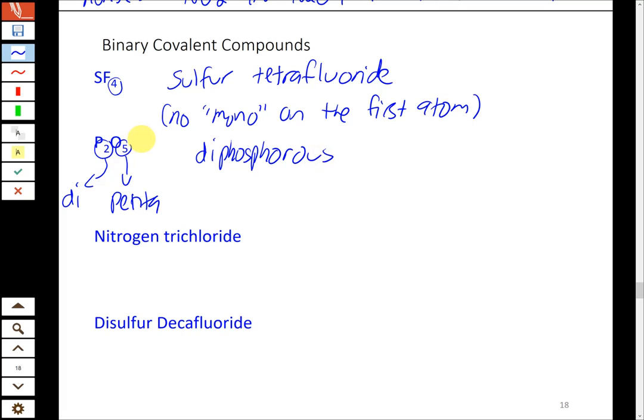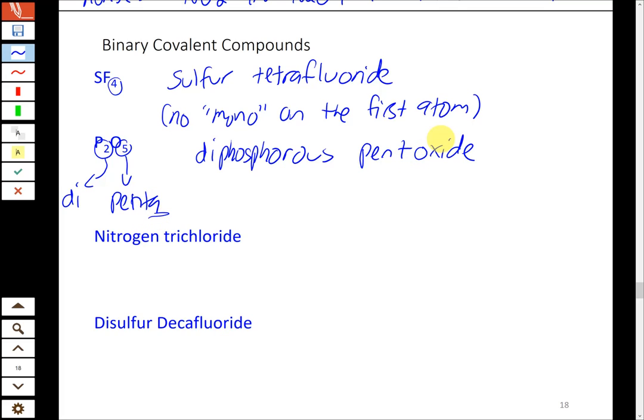And then oxide, there's 5 of them, so that's going to be pent. Now remember, if the element that is modifying begins with a vowel, you often leave the vowel off the prefix, so it's not usually written as pentaoxide, it's written as just pentoxide. But we would not, again, count you guys wrong for that, because that's a really silly minor rule. But pentoxide is how you more commonly see it, where we leave off the A, because oxygen also begins with a vowel.